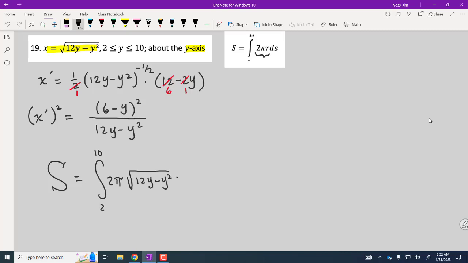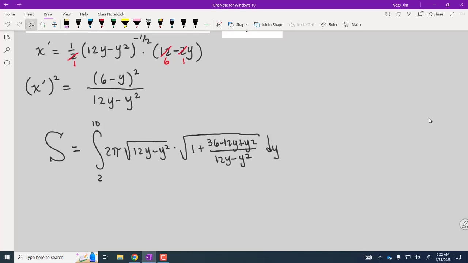And now we put in our ds. ds is the square root of 1 plus the derivative squared. And I am going to FOIL this out now. Make that 36 minus 12y plus y squared, and that's all divided by 12y minus y squared, dy. So that is the ds.